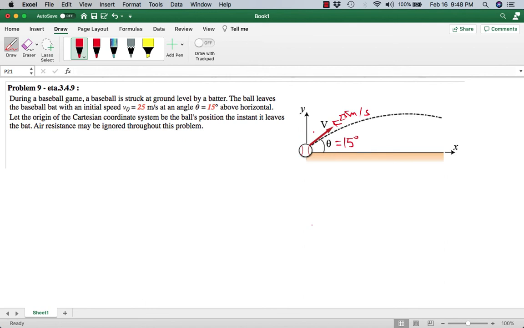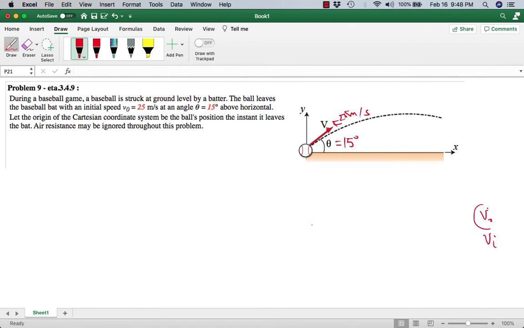So the first question is asking, express the magnitude of the ball's initial velocity Vox in terms of Vo and theta. So this velocity is what we call Vo. Sometimes I write Vi.